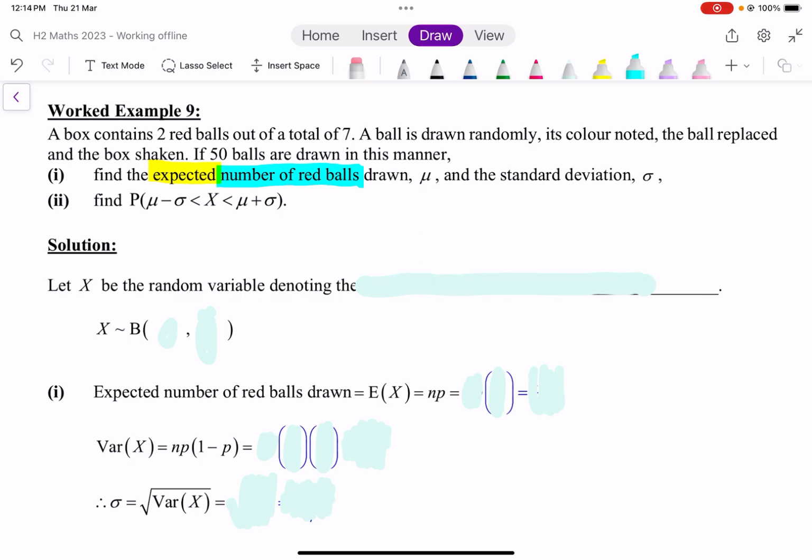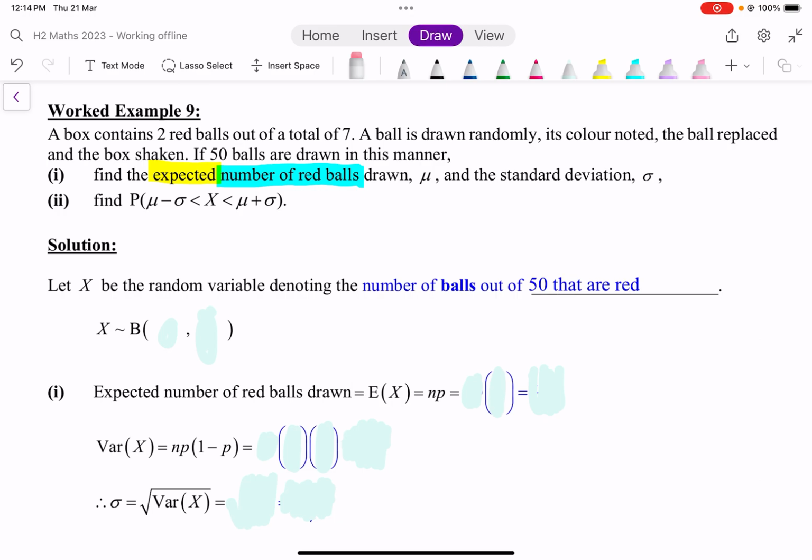The first step, as usual, is to always define the random variable. Let X be the random variable that denotes the number of red balls out of a total of 50 balls. Then, followed by the definition of the random variable, you need to define the distribution.